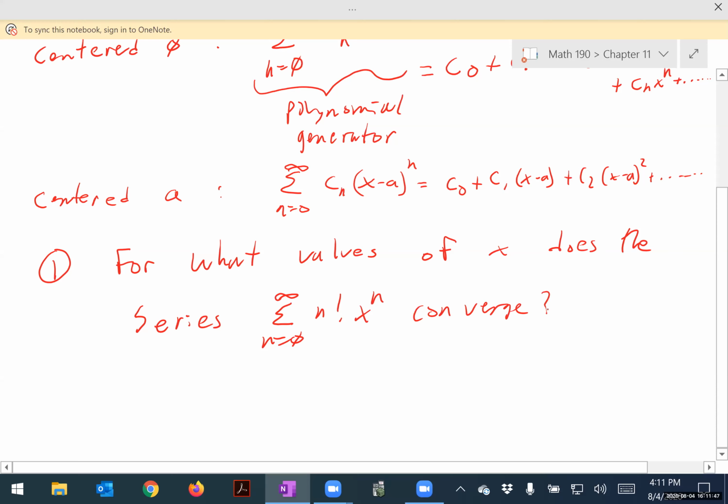For what values of x does this series converge?